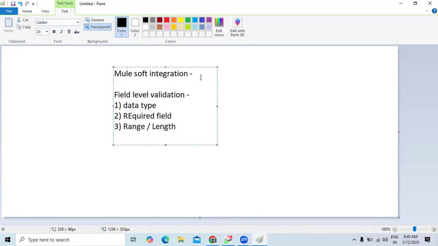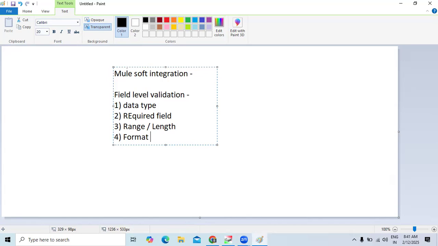Next is format validation. So these are the four validations we normally have. We have other business rule validations that I'm going to explain in the next session.